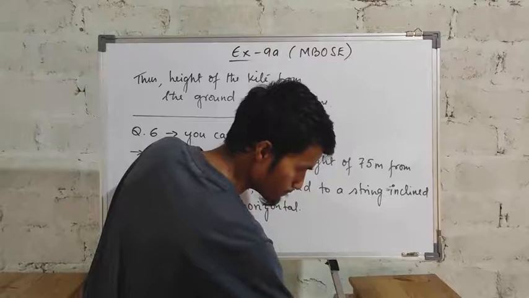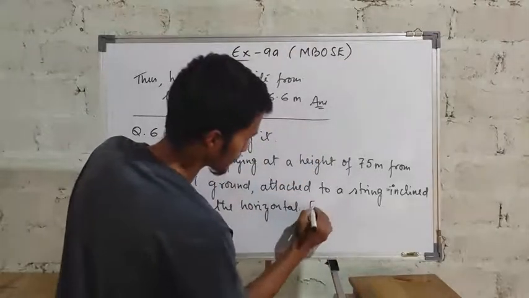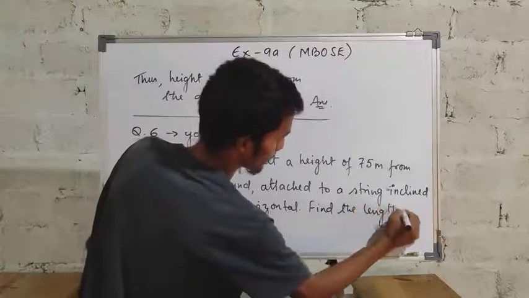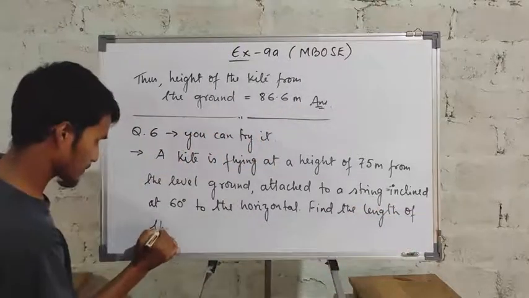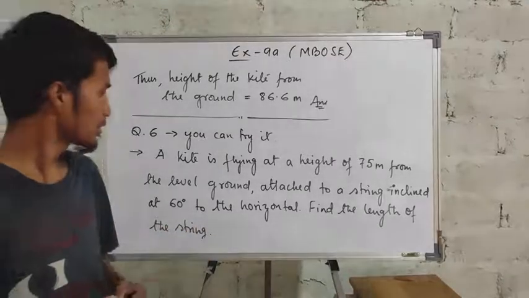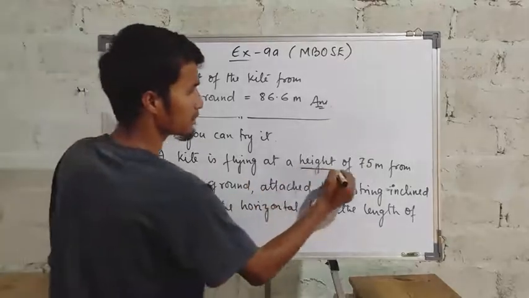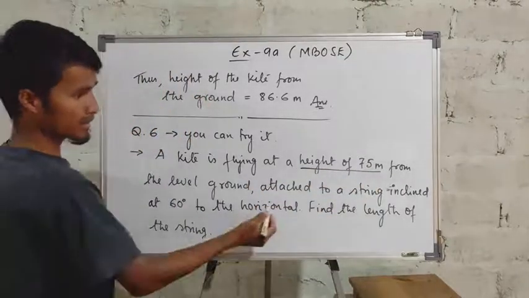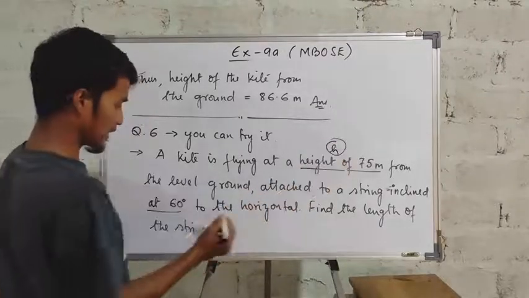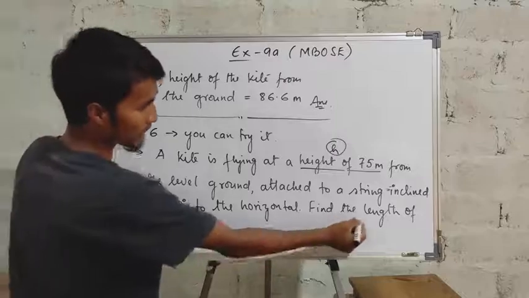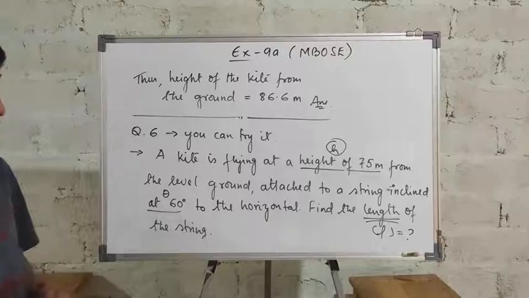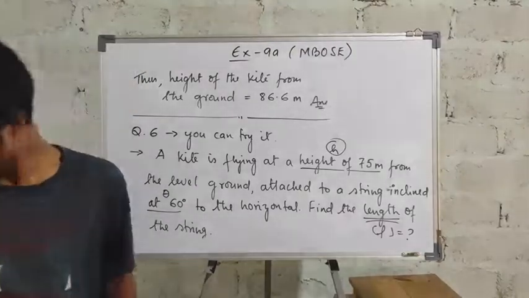Find the length of the string. Okay, this is a question. We given the height of the kite from the ground and attached to a string inclined at an angle 60, then they given h, then they given theta, then we need to find the length of the string L. L is equal to question mark. Okay, this you can try it by yourself.